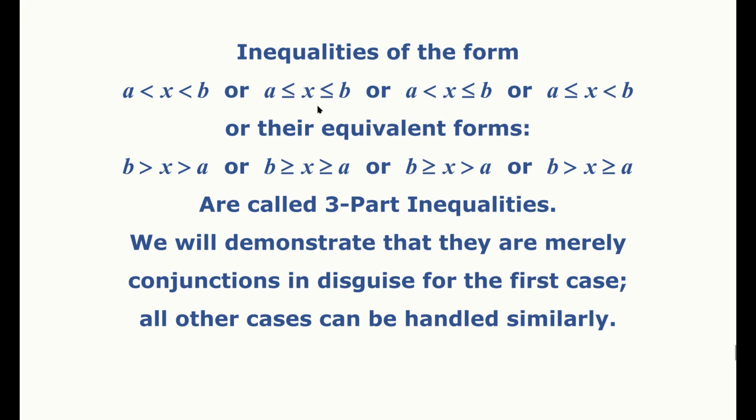So they're all handled in a very similar manner, and we will demonstrate that actually they're nothing but conjunctions in disguise. We'll do the demonstration for this case, but it'll be exactly the same for all the others. So please pay attention to that and make sure you understand it.